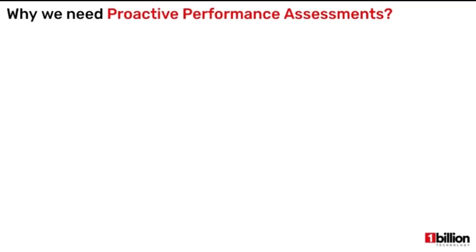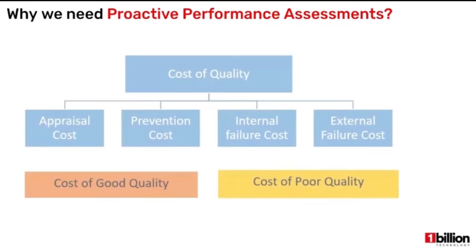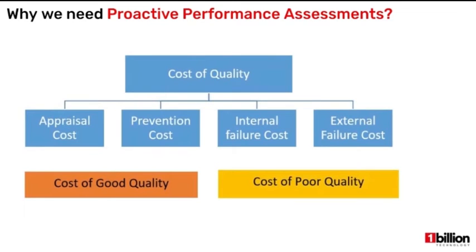So why do we need proactive performance assessments? Basically, this is very important, guys. For quality assurance engineers and for developers, consider the cost of quality. If we are dealing with cost, we need to incur money or time. So there are two aspects. Good cost of quality has two areas: appraisal cost and prevention cost.